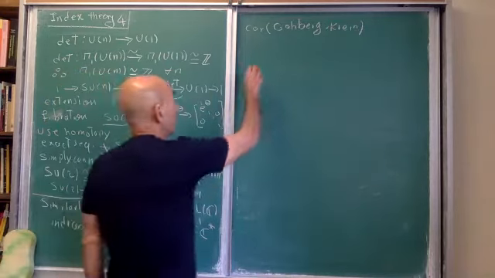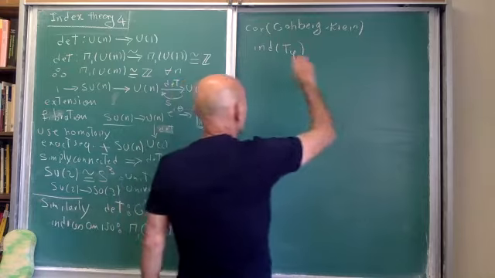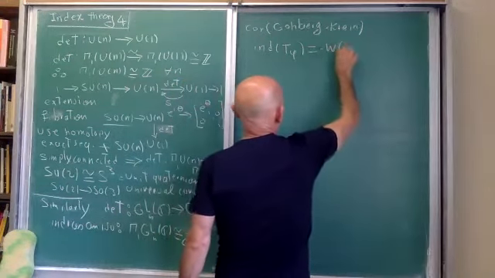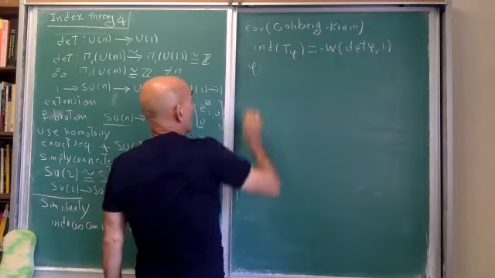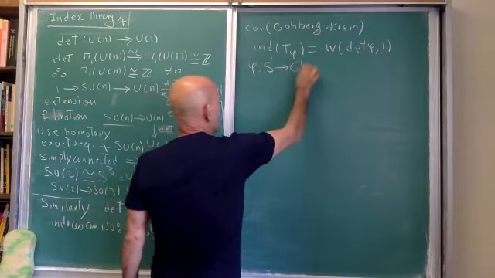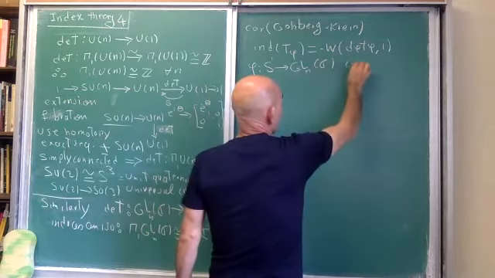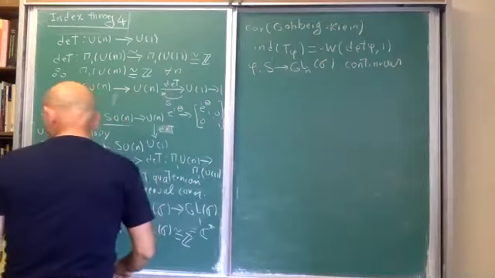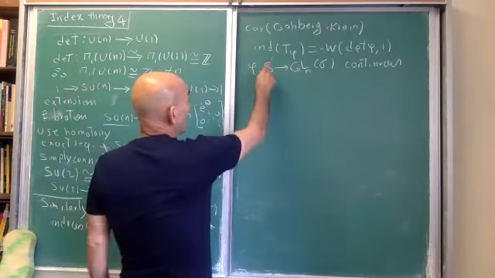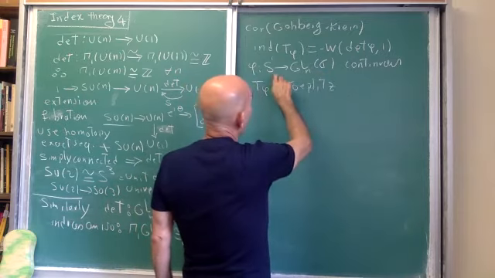Basically we wanted to show that the index of T phi is equal to minus the winding number of the determinant of phi around 1 (around 0). Here phi was a continuous map from S1 to GLnC, and this T phi, of course, is the Toeplitz operator with symbol phi.